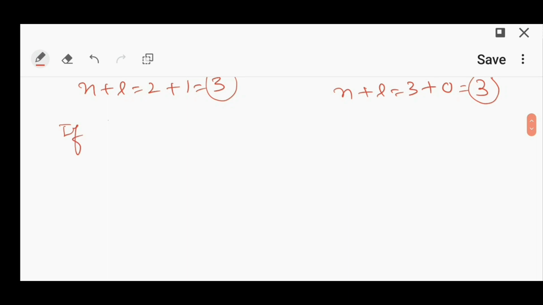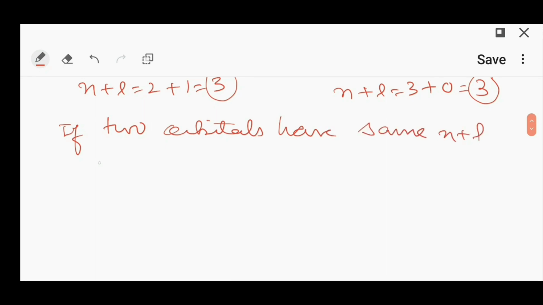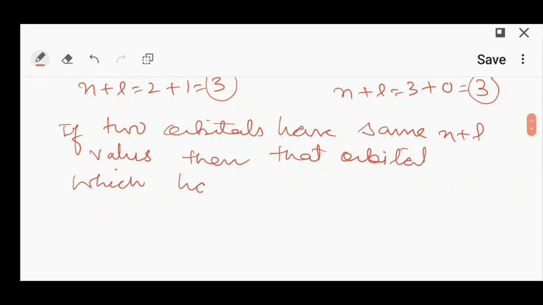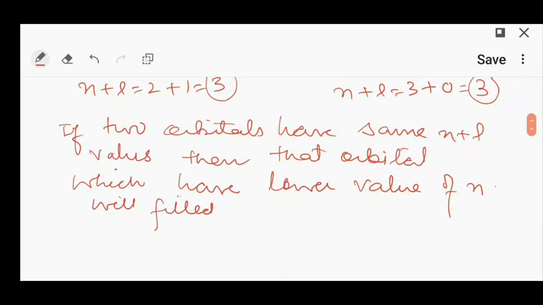What I am saying is, if two orbitals have the same n plus l value, then the orbital which has the lower value of n will be filled first.